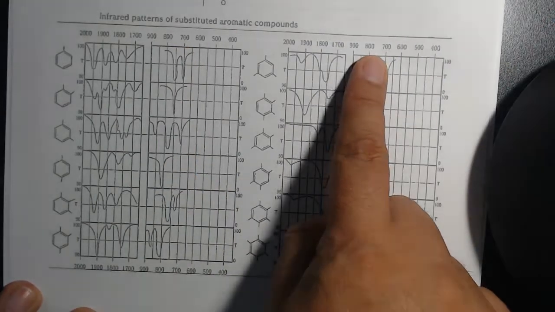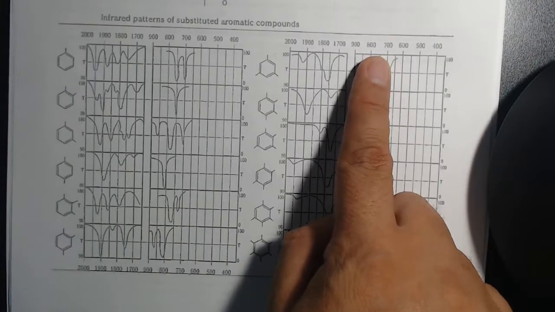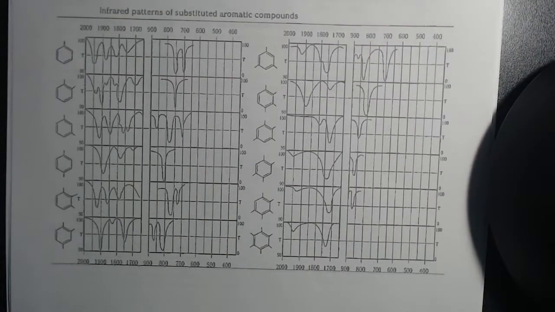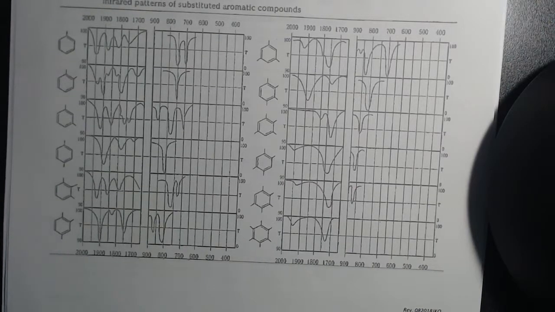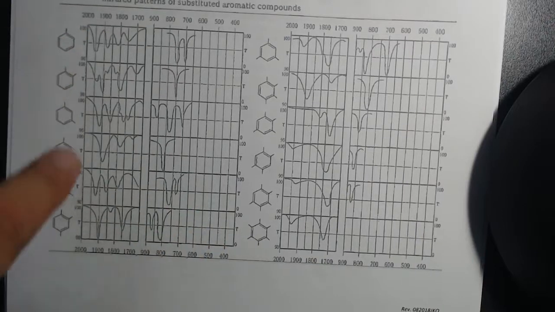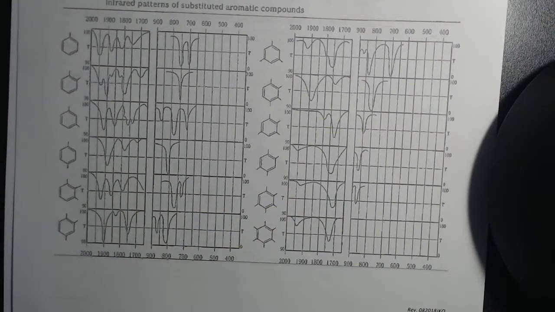All these guys are well into the fingerprint. And honestly, I'm going to go ahead and say it on film here. Only worry about that if you're having Professor Hammad for OChem 2, because I don't use this stuff. If I want people to be able to pick out what kind of pattern, I will focus on NMR data to figure out which one of these you have. These are very hard to pick out in IR. But if you have Hammad, he likes to do this stuff. So just giving you a heads up.